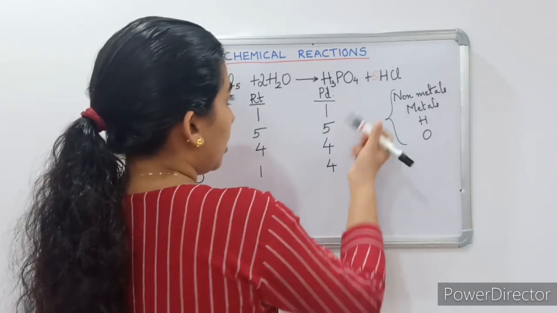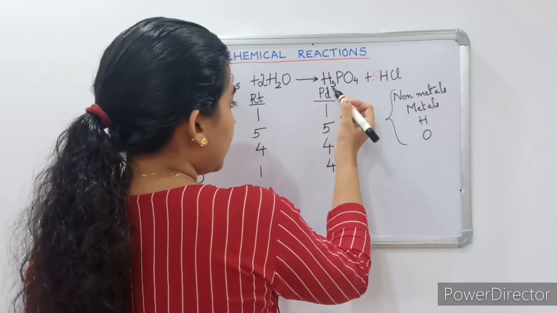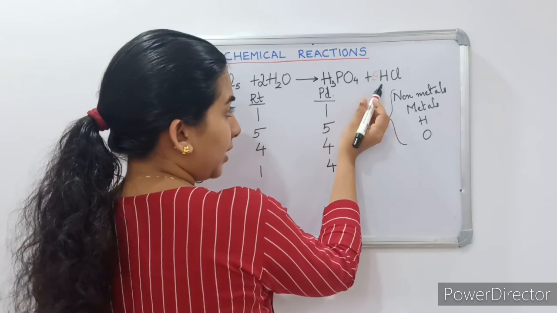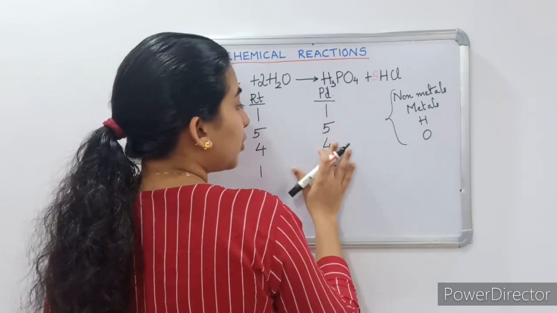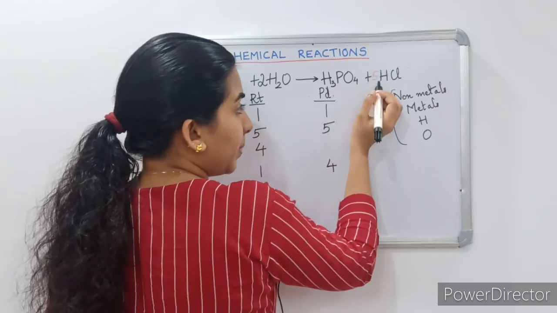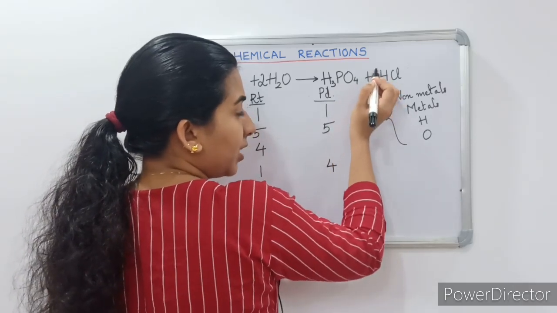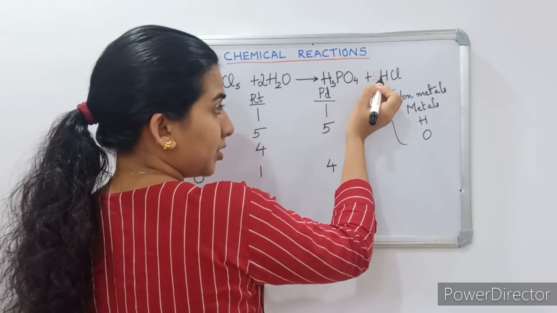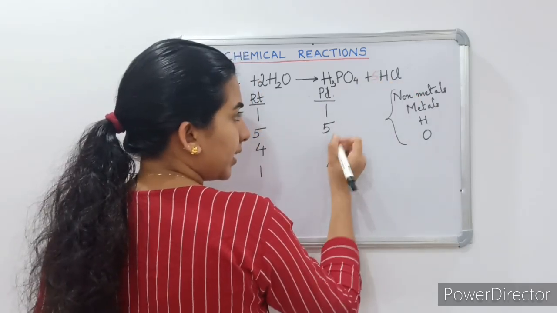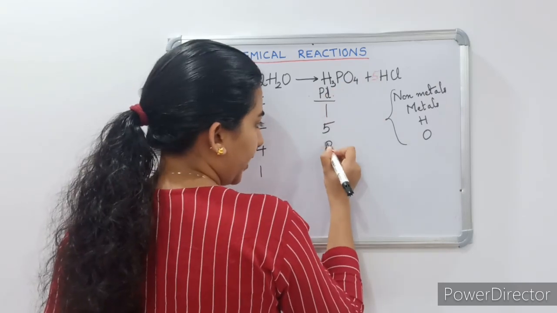But check, while balancing the phosphorus and chlorine, we have added a 5 here. So the total number of hydrogen in the product side will be 5. This coefficient 5 is effective for both hydrogen and chlorine. So 5 hydrogen means there are 5 plus 3, 8 hydrogen.